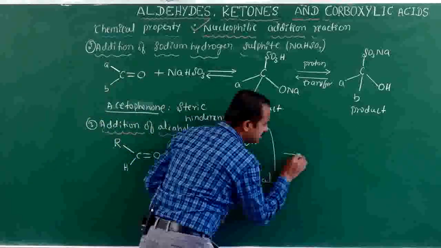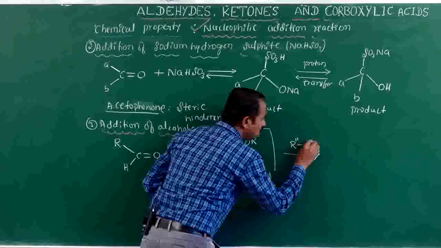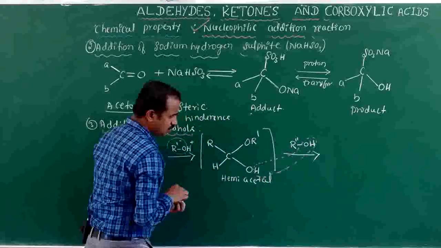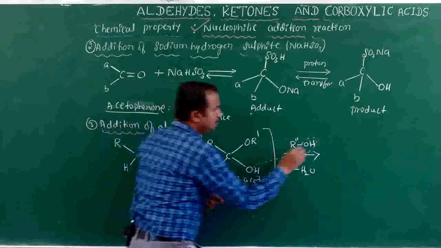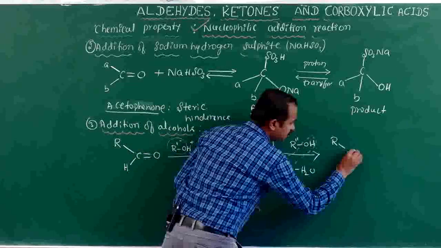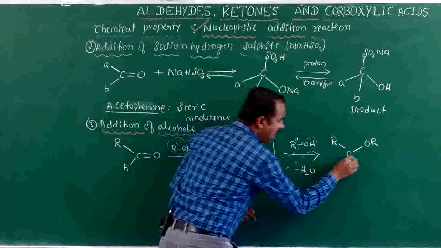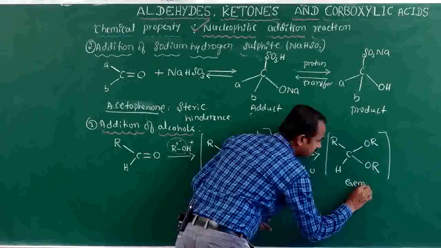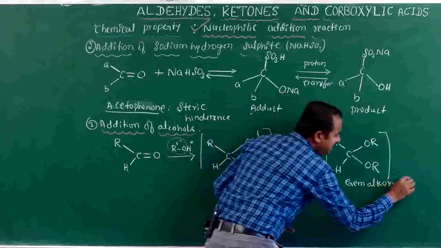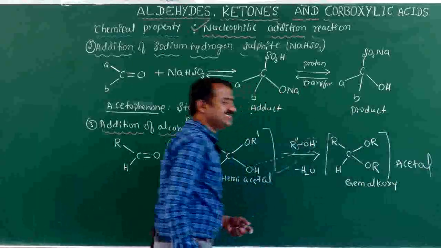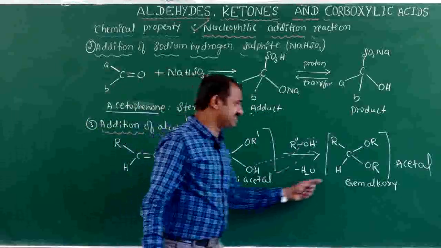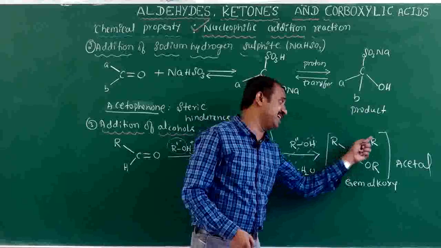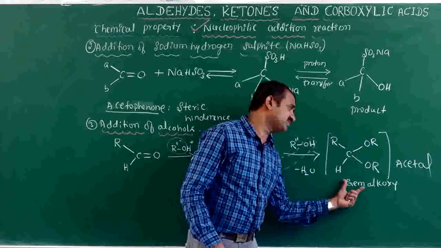If we add one more molecule of alcohol, it releases a water molecule to form RCH(OR)(OR), a gem-dialkoxy derivative, which is called an acetal. When an aldehyde reacts with one molecule of alcohol it forms a hemiacetal, and that reacts with one more molecule to give the dialkoxy derivative, the acetal.